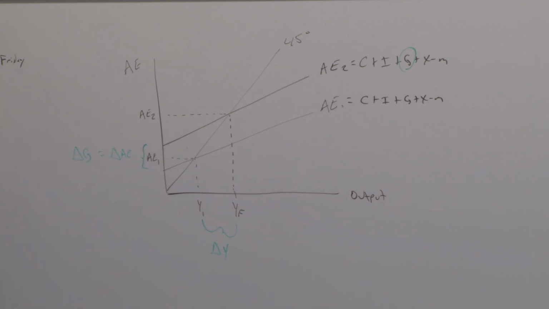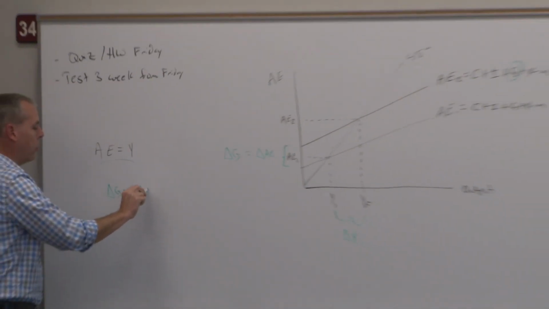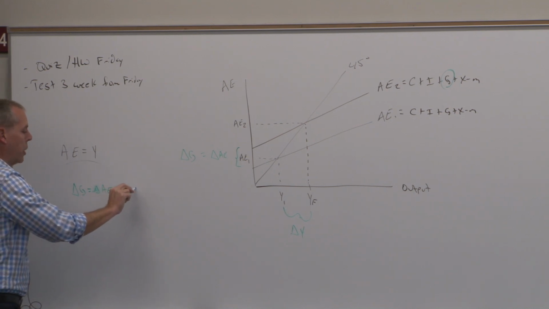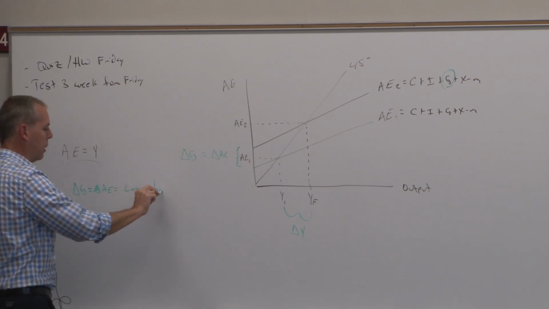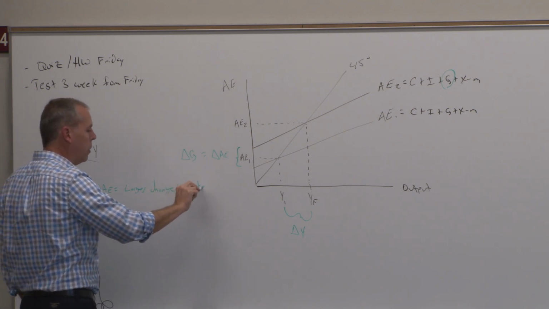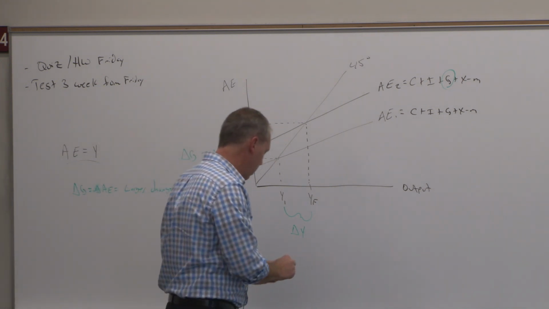What happens is that we get this change in government expenditures, or this change in our aggregate expenditures. It could be anything. I'm just using the change in government expenditures as an example to create this larger change in output. And this is something that's called the multiplier effect.